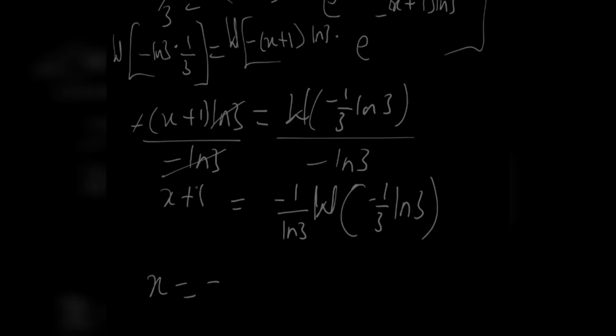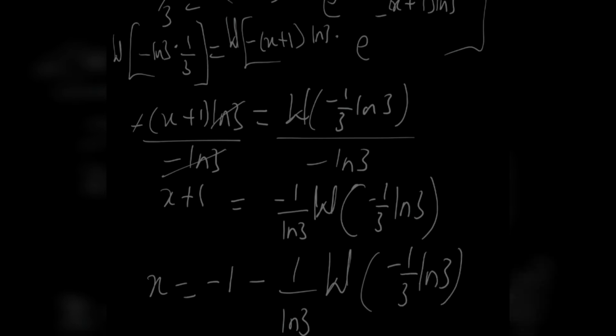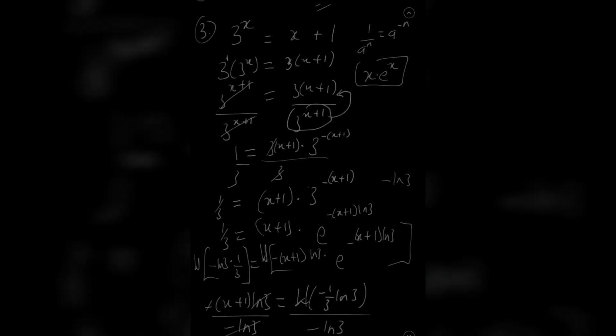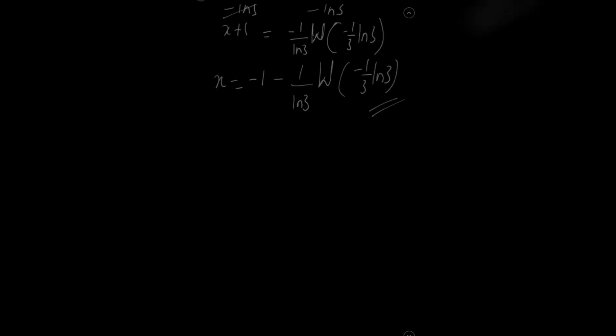So positive crosses the equal sign to become a minus, so we just put like this. Okay, so this will be our final answer for this question right here. Okay, so let's deal with our last example, then we call it a day.